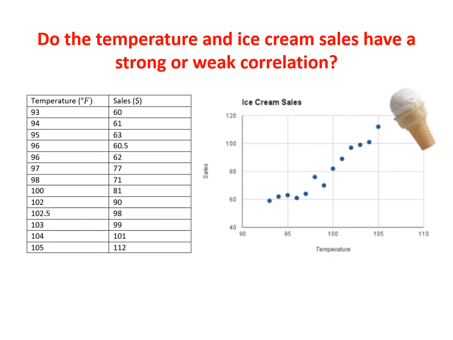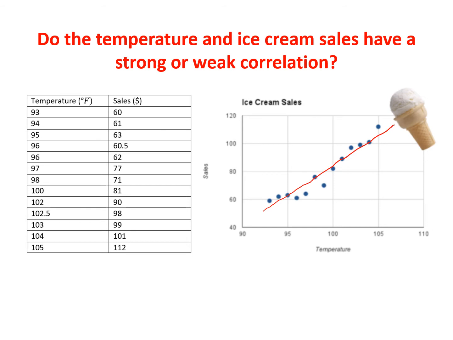The second question here says, do the temperature and ice cream sales have a strong or weak correlation? Again, I'm just going to sketch in what might be the line of best fit. And based on that line of best fit, those points are clustered pretty close to that line. They don't lie very far away from it.